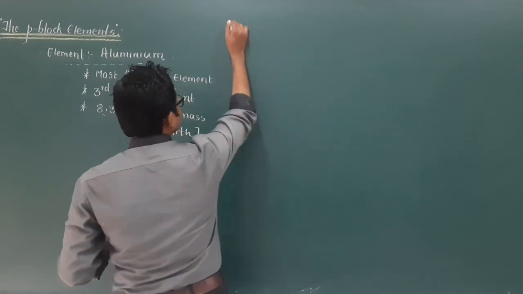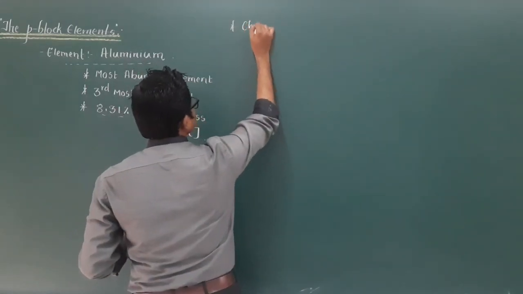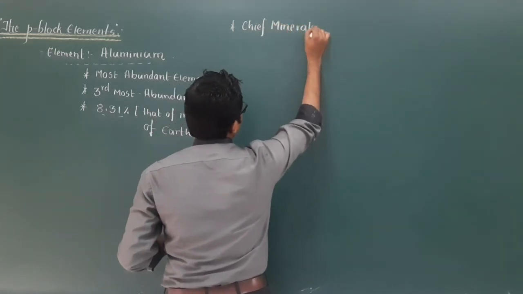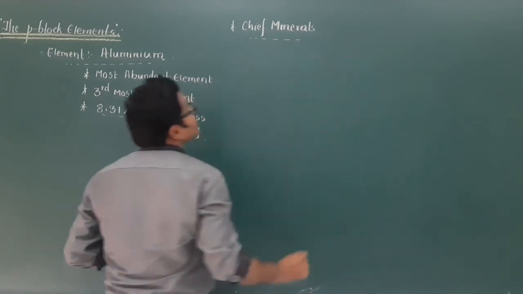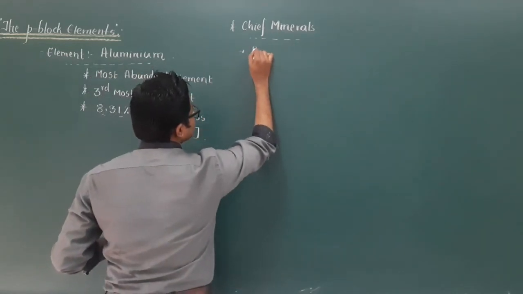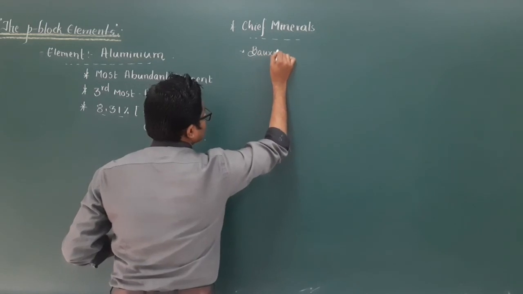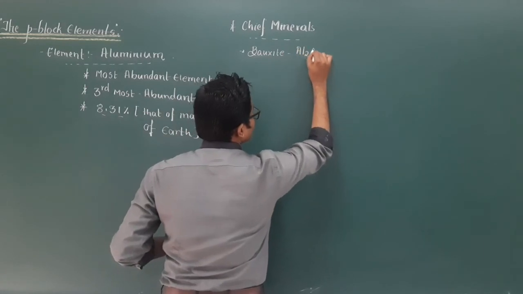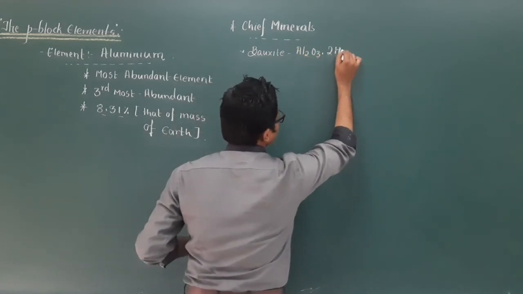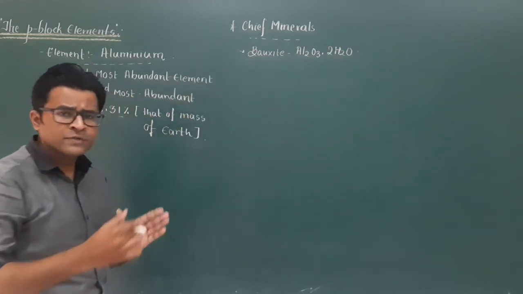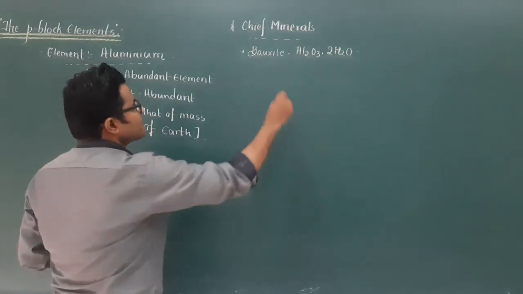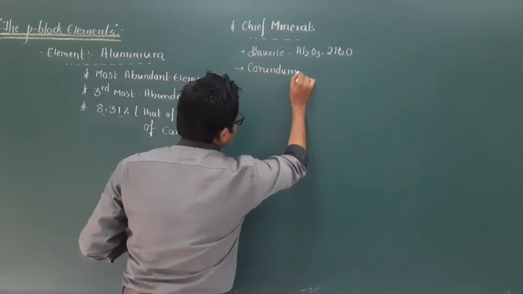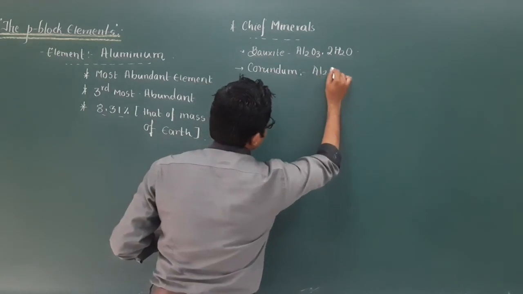Let's observe its important minerals, the chief minerals. The first one is bauxite, Al2O3.2H2O, simply aluminium oxide dihydrate. The next one is corundum, an oxide, Al2O3.